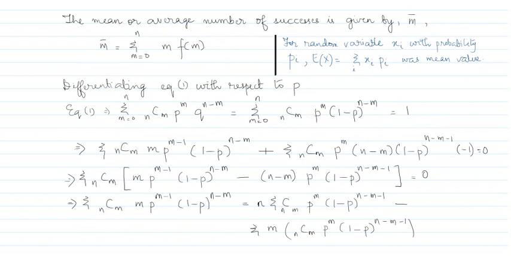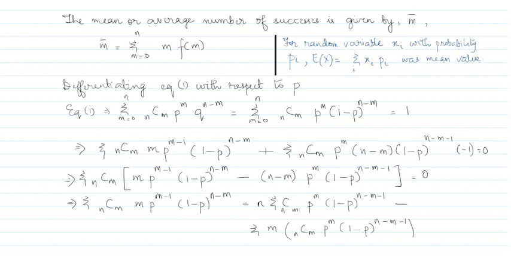Now differentiating equation 1 with respect to p, you see that I have p as a function of p and I also have 1 minus p here. So I differentiate it using product rule. I take one as a constant, differentiate the other, then the other way around. Okay, so let's take this one as a constant and differentiating the first term, I get m times p raised to m minus 1. nCm remains the same.